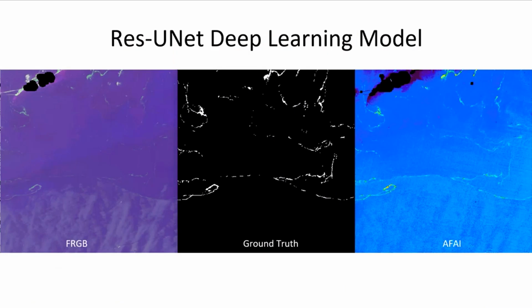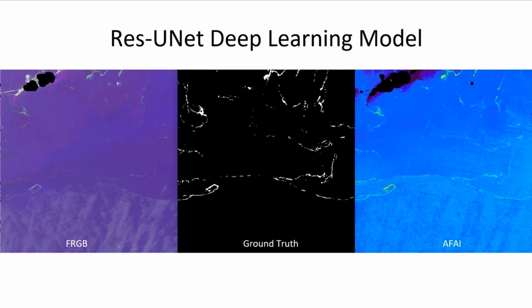I use a deep learning model, specifically the Res-UNet model, which takes in image spatial as well as spectral information. Here is my ground truth image, which I made from manual delineation as well as thresholding from an AFAI image.